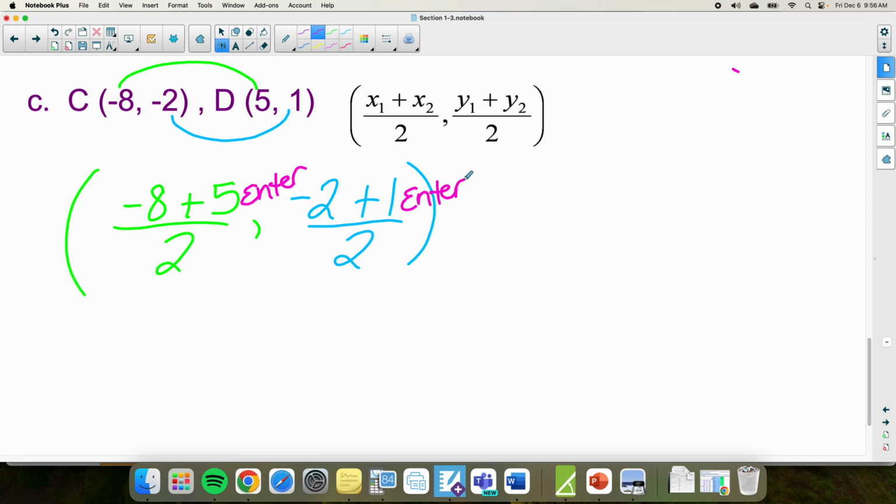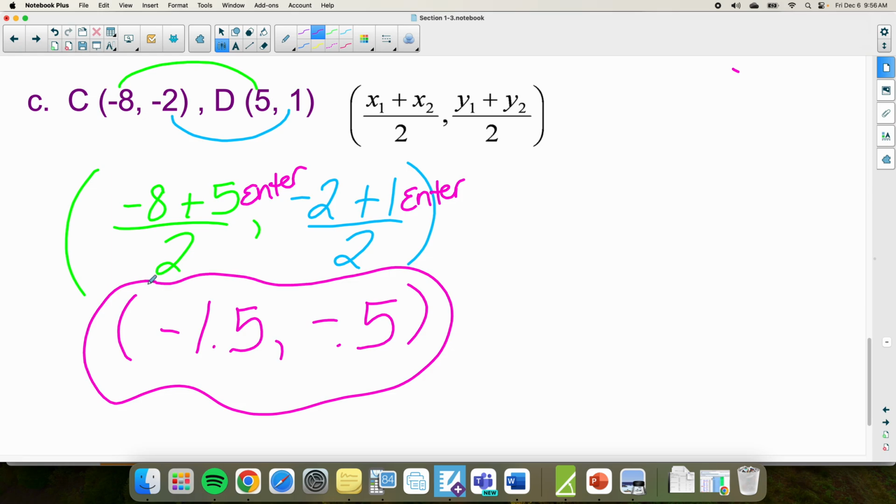So you'd go -8 plus 5, which is -3, divided by 2 is -1.5. -2 plus 1 is -1. -1 over 2 is -0.5. Did everybody get that for an answer? Yeah? Do you guys understand that part?